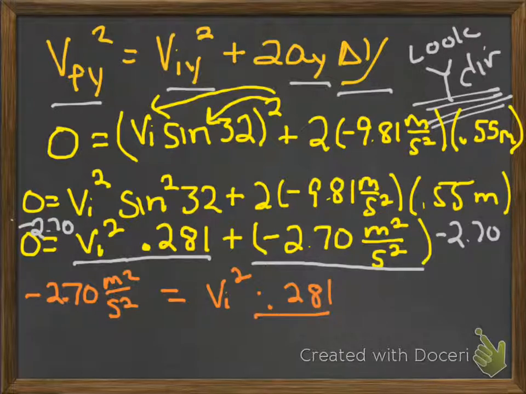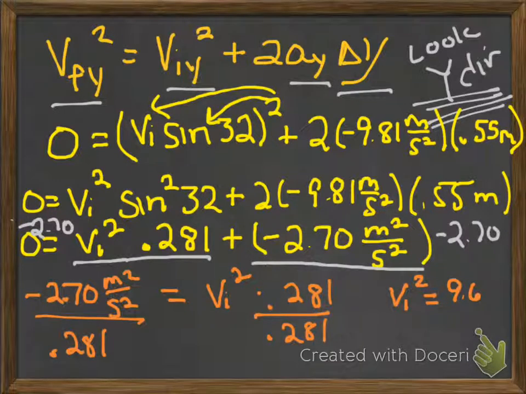We can then divide by this 0.281 on both sides of the equation, and that gives us vi squared is equal to 9.60 meters squared per second squared.